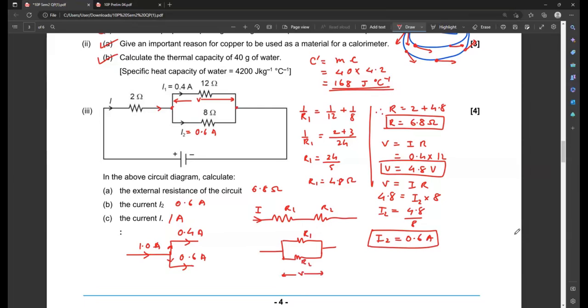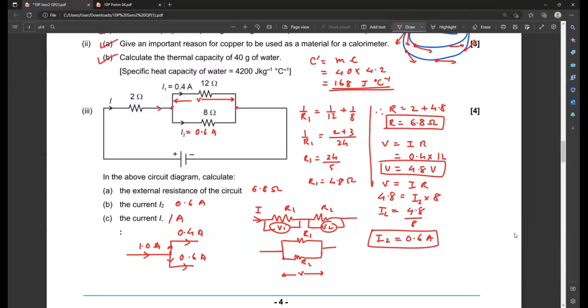So the voltage is not same in series? Voltage will be different. Here V1, V2, that will be different. If the values of R1 and R2 are equal, then the potential drop will be same. Do you follow that? Yes, sir.